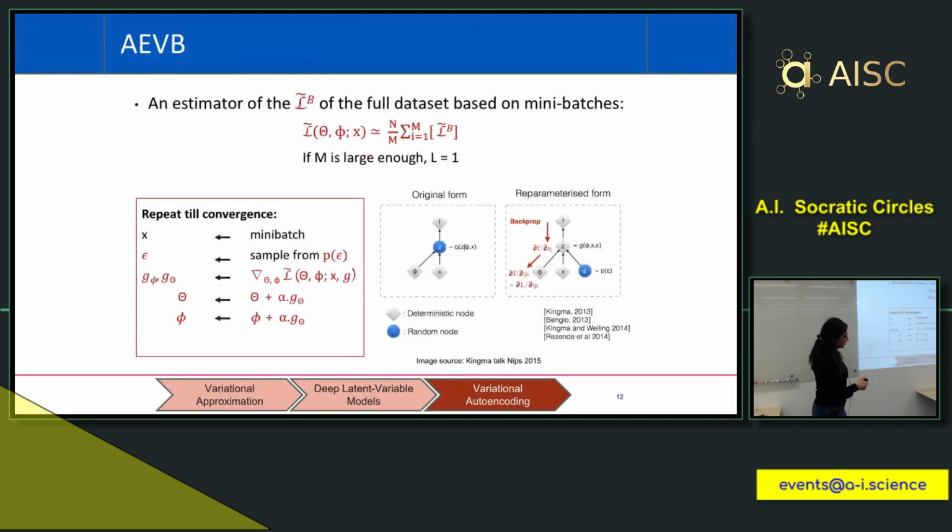You take the mini batch, sample epsilon from a noise distribution, do the forward pass and compute L, then take the derivatives for backpropagation, and you update the parameters.